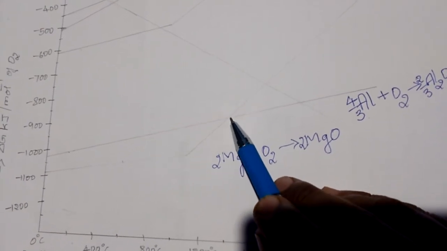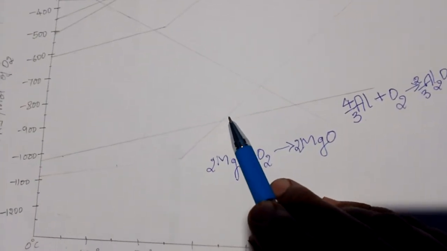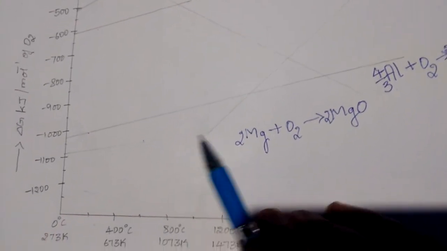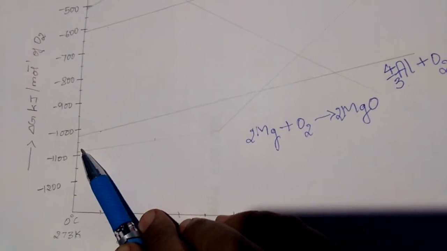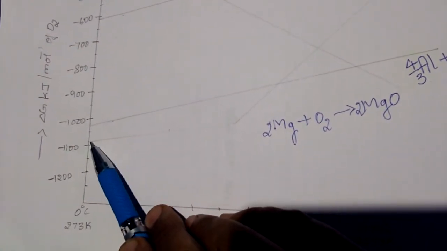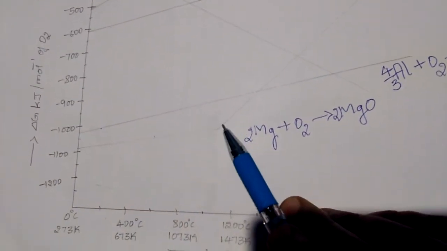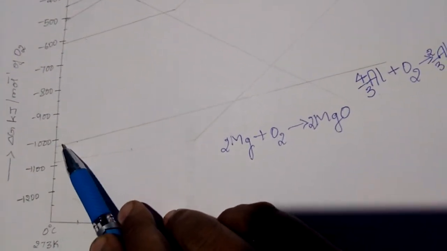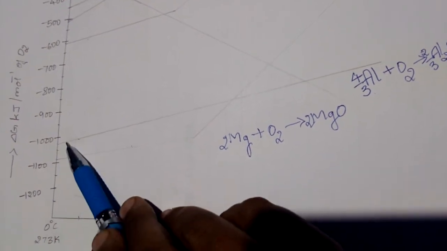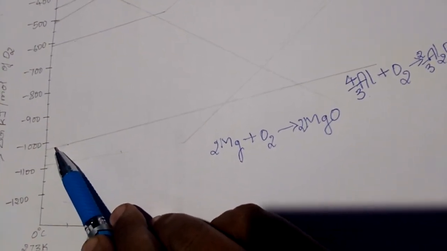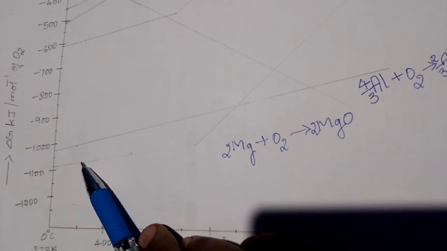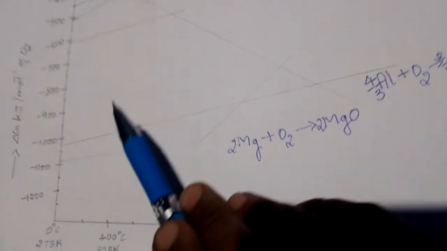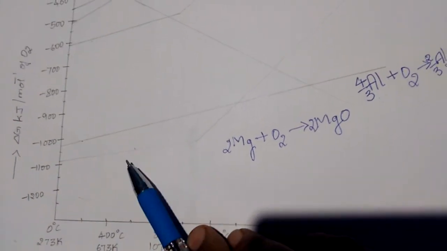Now we'll understand how this graph can help in the extraction of metal. At the lower temperatures, delta G for the formation of magnesium oxide is higher. As the temperature is increasing, it is becoming lesser and lesser. But at the same temperature, for the formation of aluminium oxide, delta G compared to magnesium oxide is less negative, meaning the spontaneity of the reaction is less.